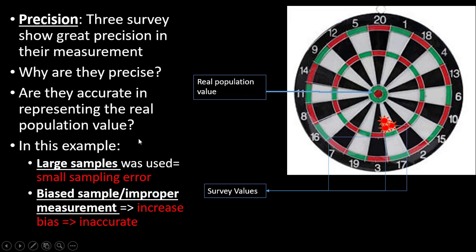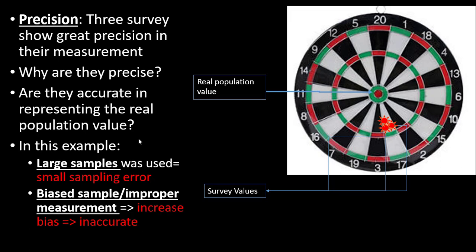So what do we need to do? If we use large samples, we can end up with this kind of situation, whereby we have lower sampling error, which increases our precision. However, if we go on and sample very similar people that are not representative of the entire population, then we end up with a biased sample, which reduces our accuracy significantly.